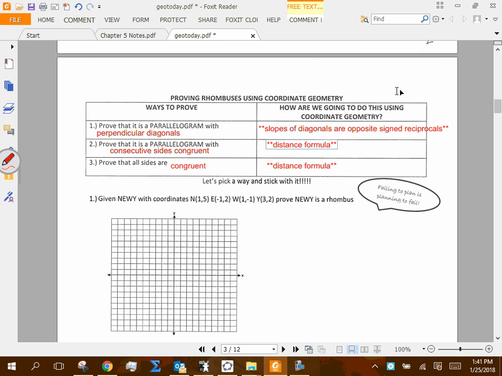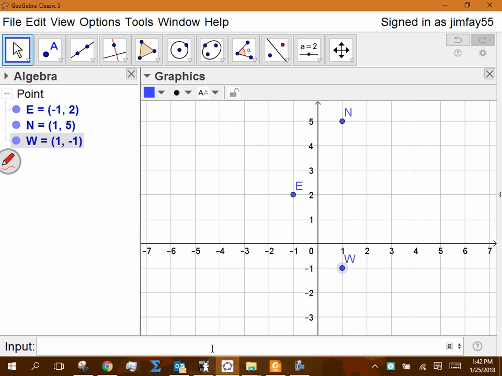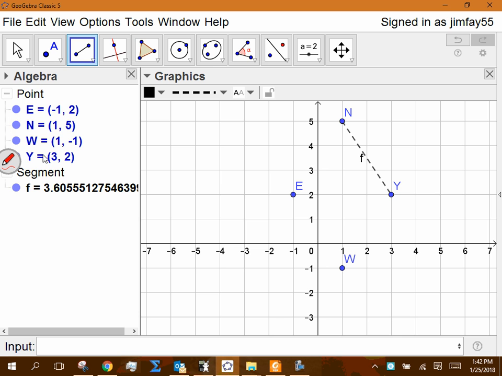So obviously the hopes are that you plotted those points, which are located at 1, 5, E, -1, 2, W, 1, -1. All right, so you plotted those points, you connect them.